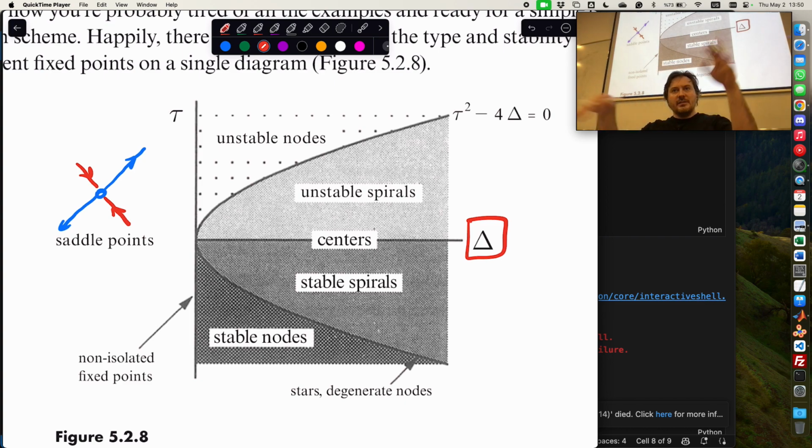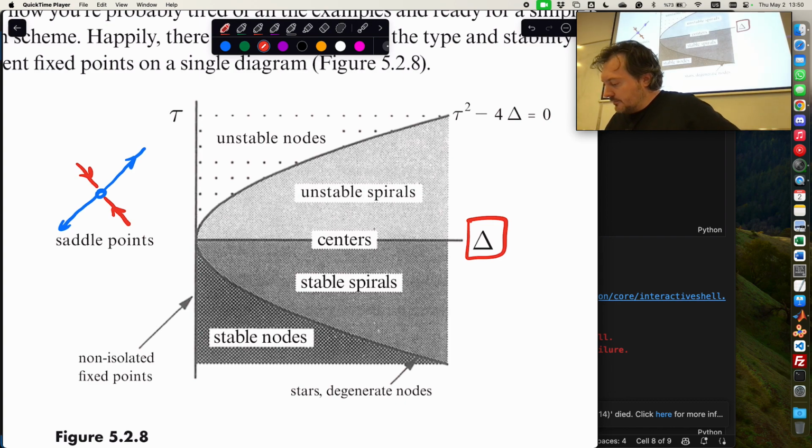Just look at delta. If it's negative, then you already know what's going to happen. It's a saddle node. If delta is positive, but you are in this region where tau squared minus 4 delta is greater than 0, so tau should be positive as well, then you have an unstable node. What does it mean? Unstable node means it's repelling in both directions, right?